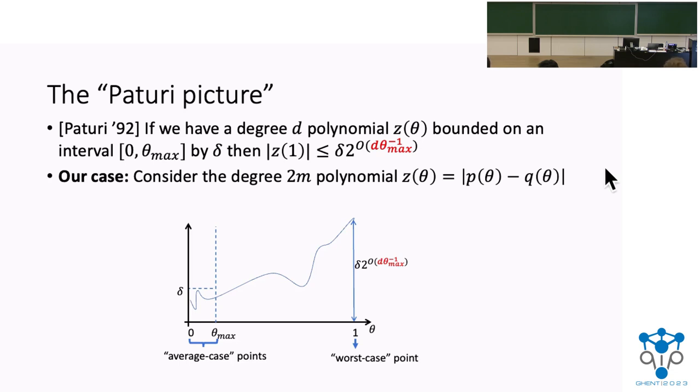We should either reduce the degree of our polynomial or increase theta max, because if we increase theta max, then we're decreasing 1 over theta max, and that shows up in the exponent of the value of z of 1.